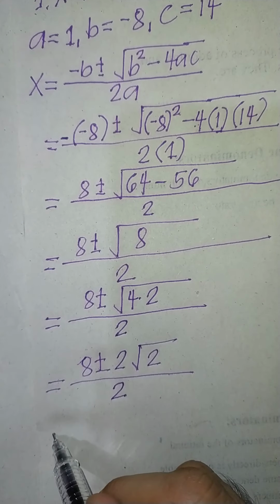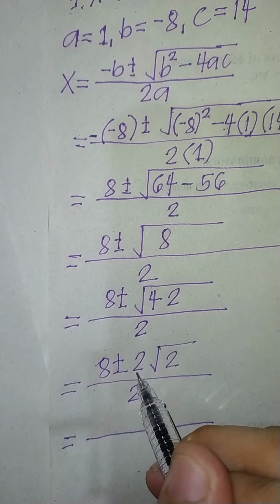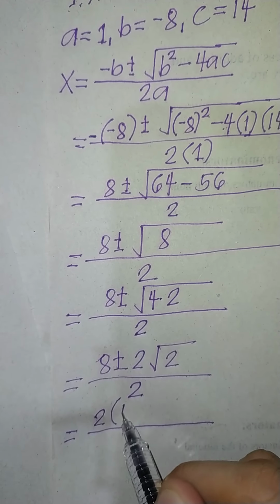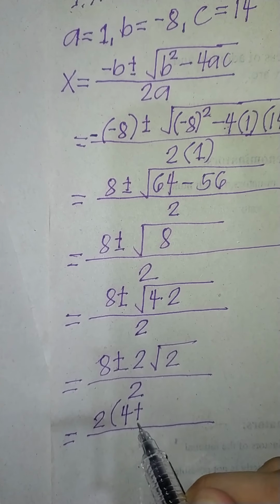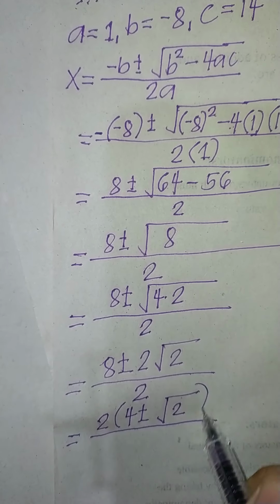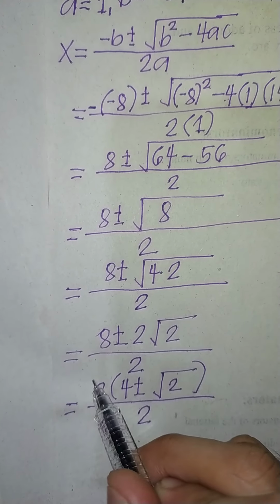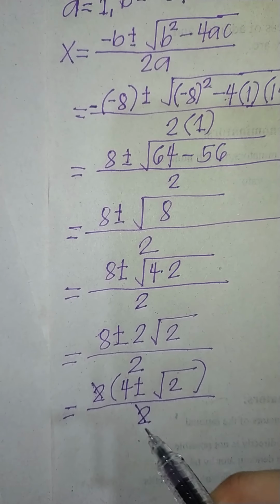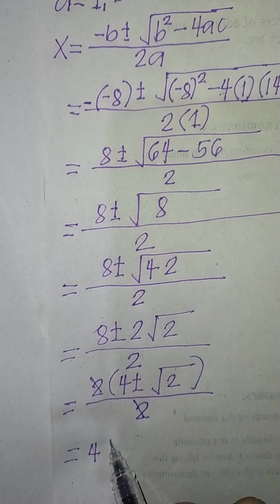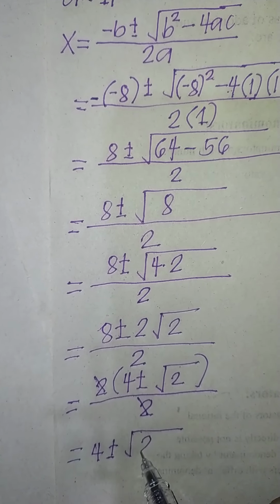Pwede natin kunin ang common factor ng 8 at saka 2, so pwede natin ilabas ang 2: 2 times 4 plus minus square root of 2, all over 2. May 2 sa taas, may 2 sa baba, i-cancel. So, ang naiwan is 4 plus minus square root of 2.